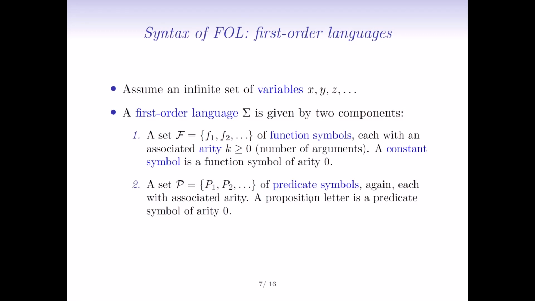So a proposition letter is a special case of a predicate formula where the predicate doesn't take any arguments. So the first order language is given by two components, this set F of function symbols and this set P of predicate symbols. I'll generally write for a first order language, sigma equals F and P, so functions and predicates.